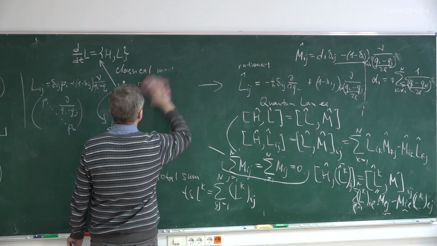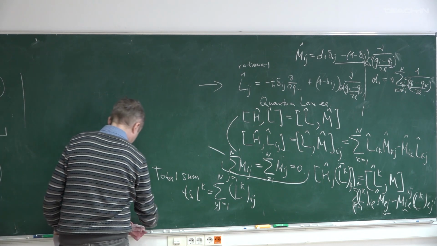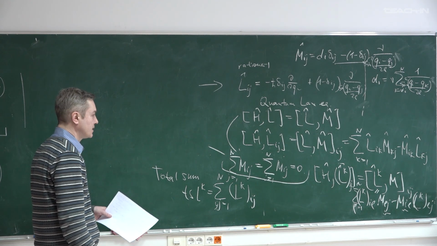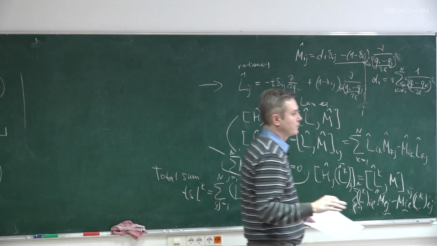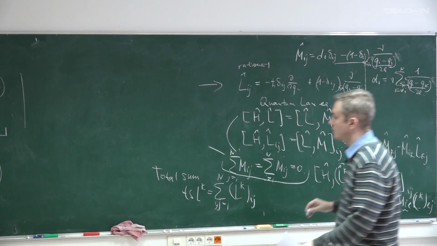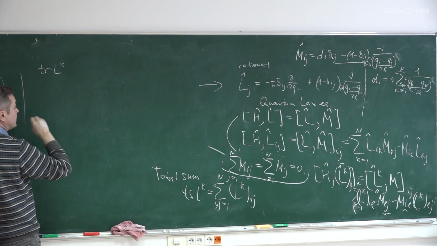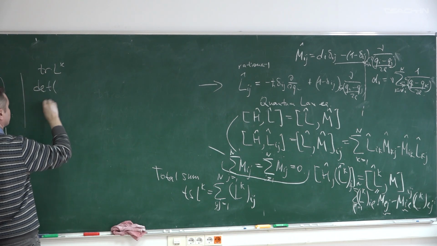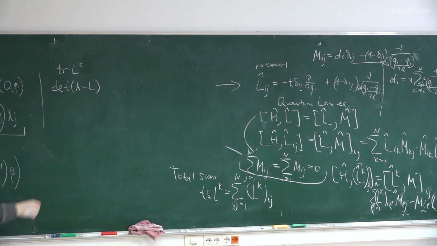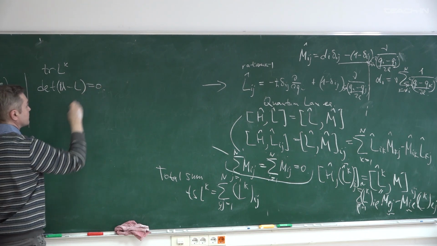But the next thing is that we can also use a characteristic polynomial. One possibility for computation of conservation laws in classical mechanics is to compute the traces of powers of L. And another is just to write the characteristic polynomial. For example, you may write it like 1 minus determinant of 1 multiplied by lambda minus L is equal to 0.